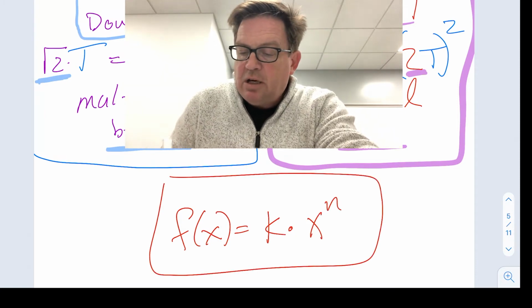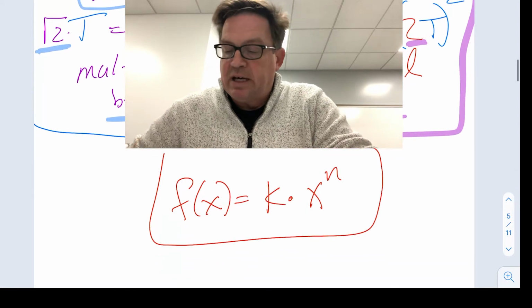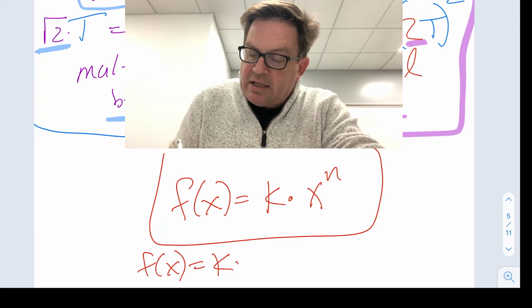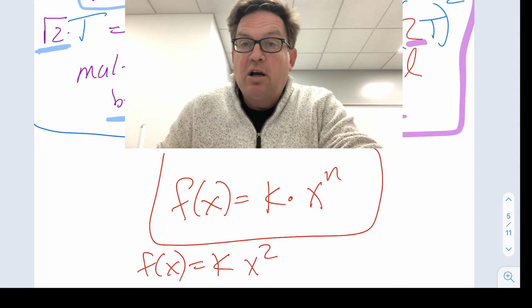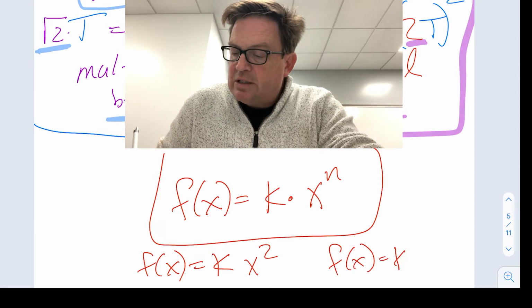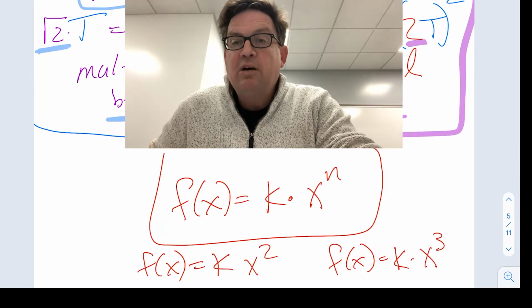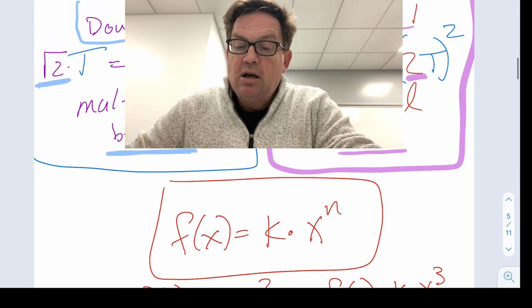That's going to be proportional to the nth power of x. So f of x could vary as the square of x, or f of x is proportional to the cube of x, or whatever it might be. And I'll give some examples in a second.